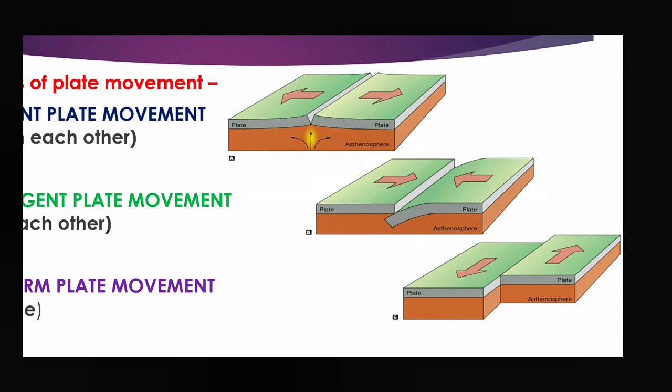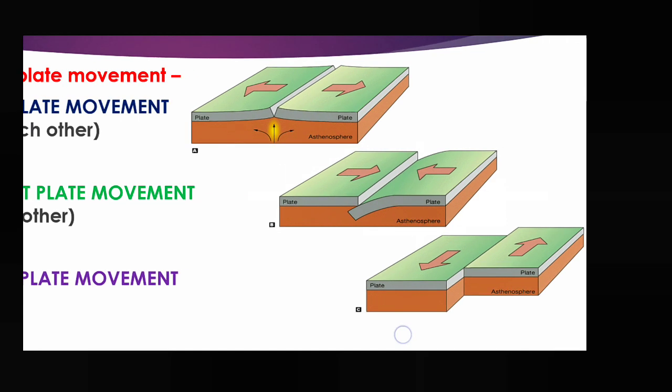In diagram B, the second one in the middle, you see that 2 plates are moving towards each other, towards the same point, and then they are colliding. And one more interesting thing: when they collide, the heavier plate goes down and the lighter plate goes up.